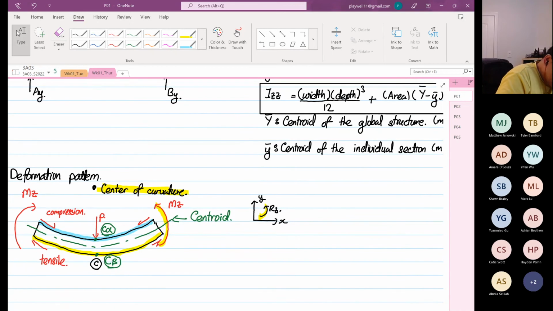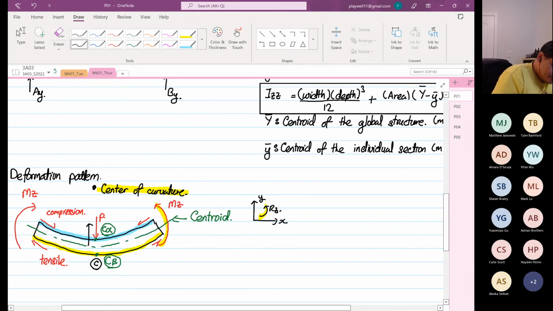When the distance is pointing towards the center of curvature, relative from the centroid, your y is positive. When it's pointing away, the distance is going away from the center of curvature, y is negative. I want you to see that.